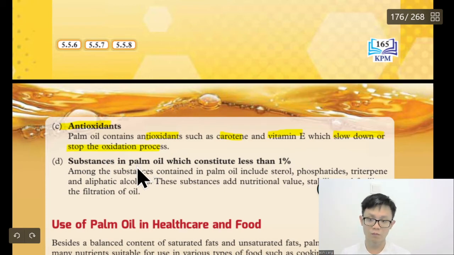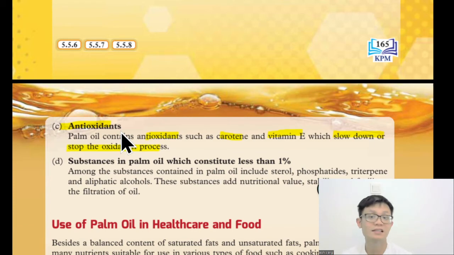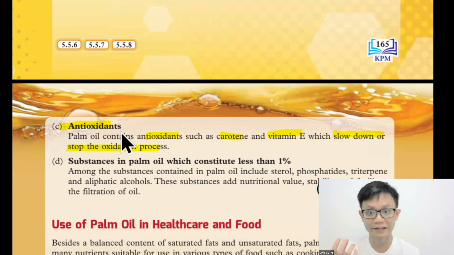So in this term, when we are talking about antioxidant, it is healthy. Antioxidant actually reduces the chances of getting cancer. Some food got a lot of antioxidant, like fruits and vegetables. Most of these natural foods got a lot of antioxidant.